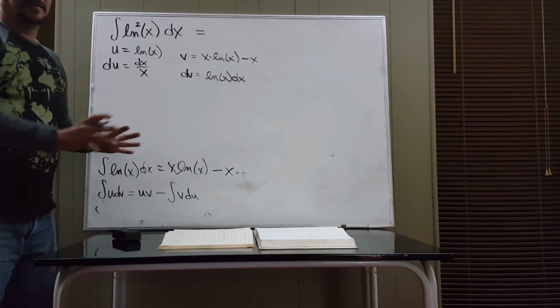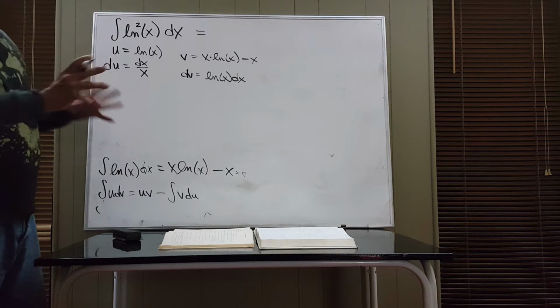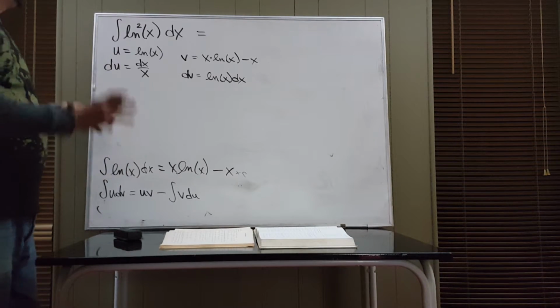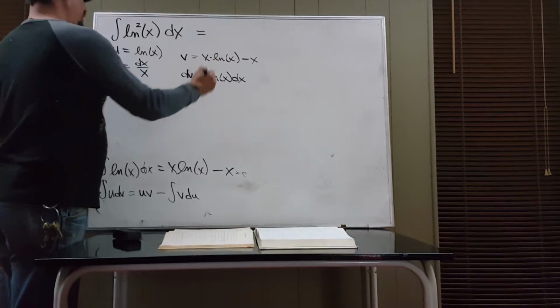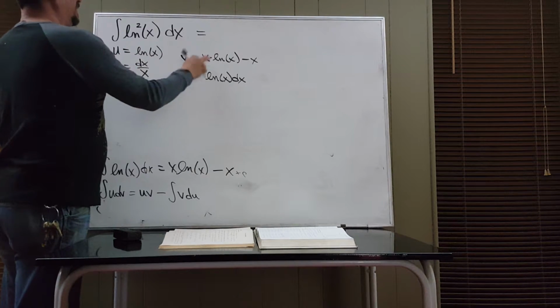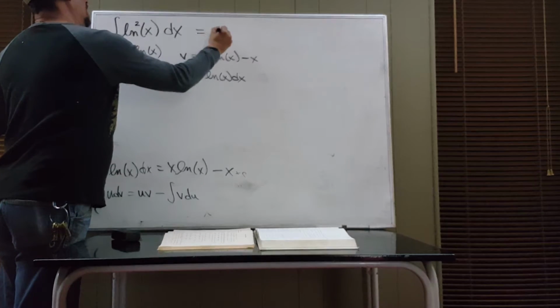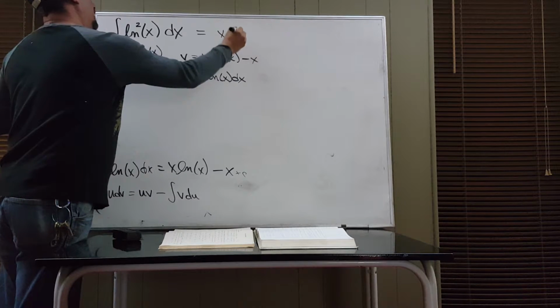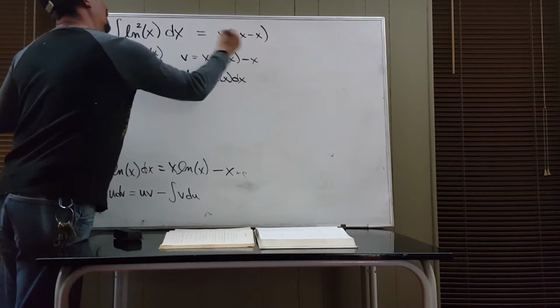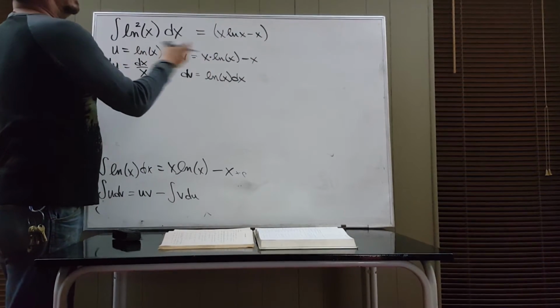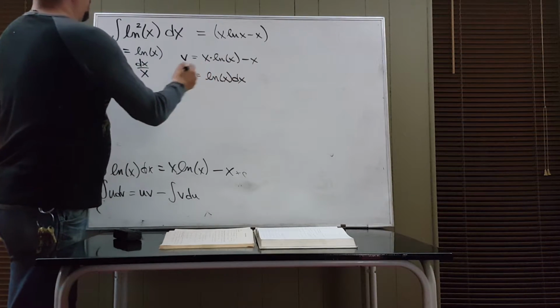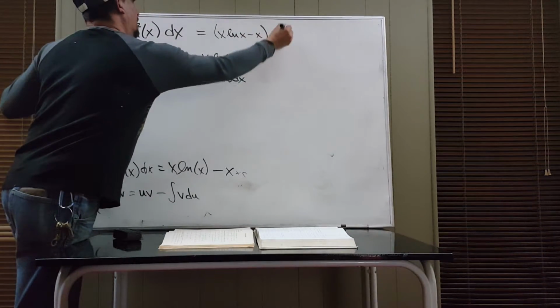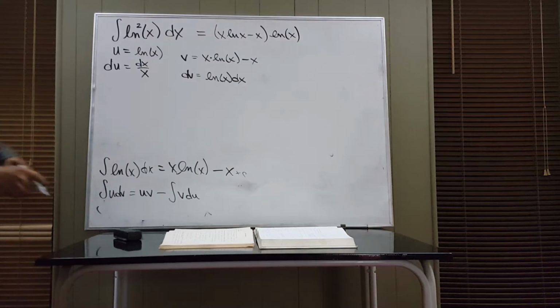Be very careful with your signs. Very careful. It's really easy to lose track of your signs on here. So u times v, that one's easy because everything's pretty much positive, is x ln x minus x. And instead of natural log of x, sometimes I say ln x. That's perfectly normal. Okay, there we go.